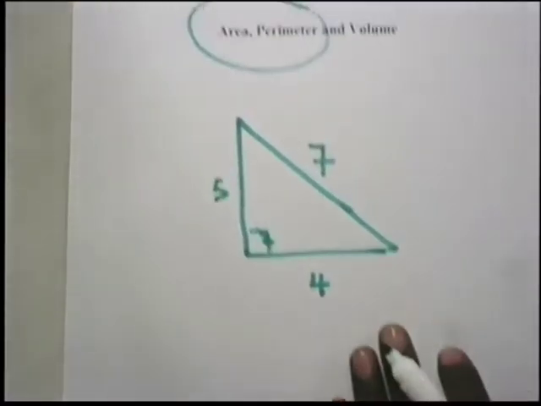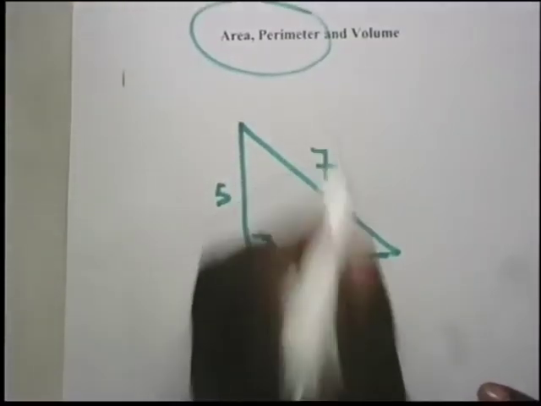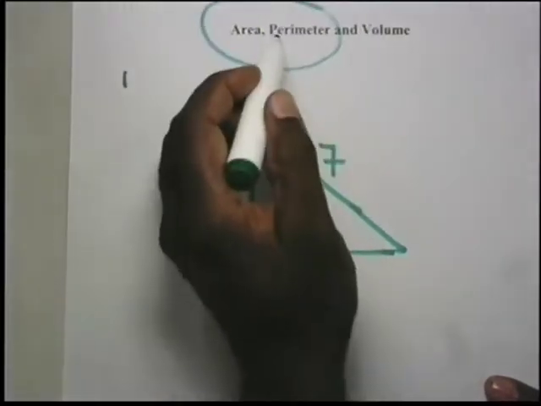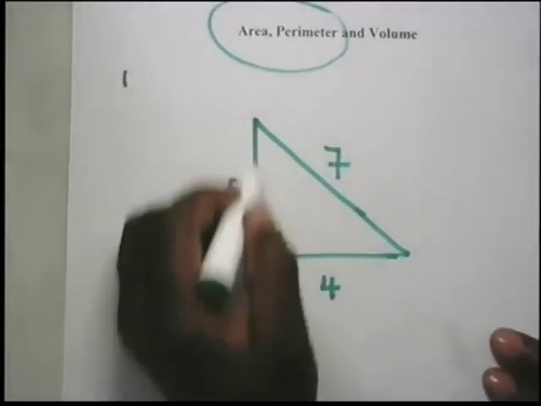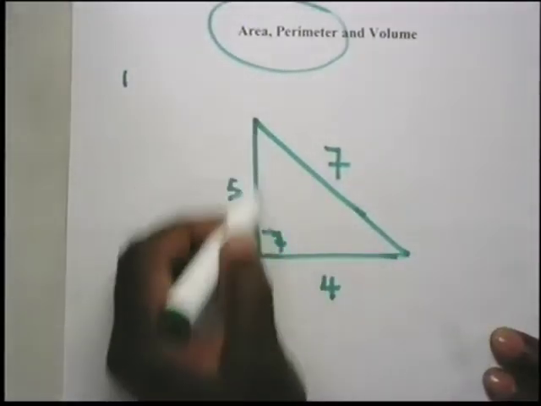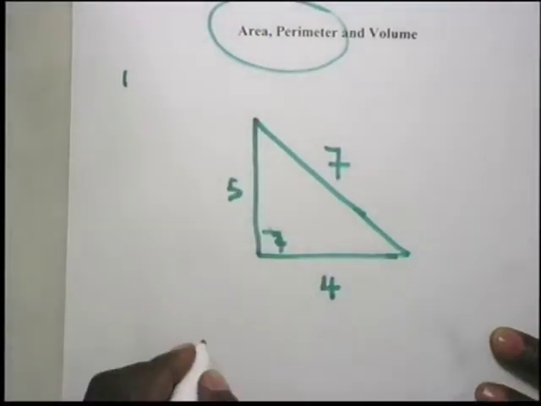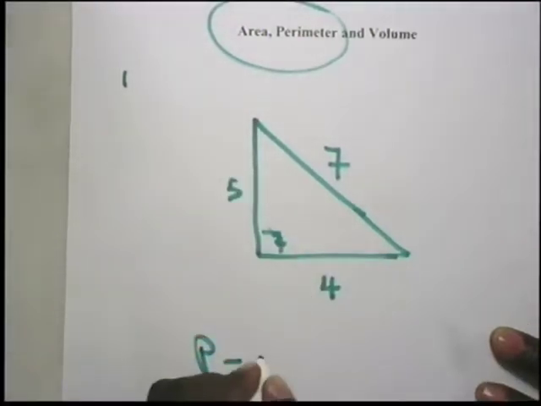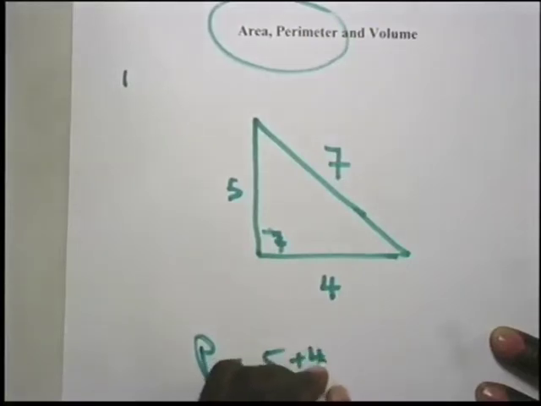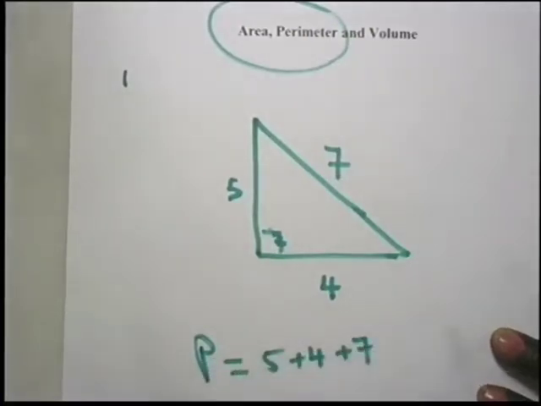In terms of area of this, or rather, let's start with the perimeter. The perimeter is the length of sides, the total sum of the boundaries. So the perimeter will be equals to 5 plus 4 plus 7.